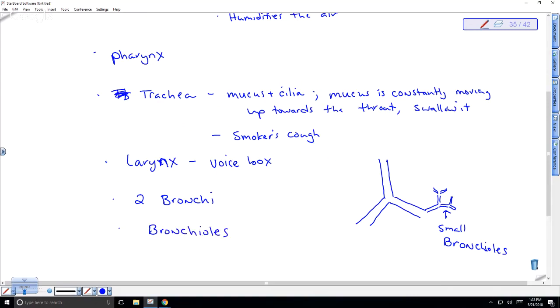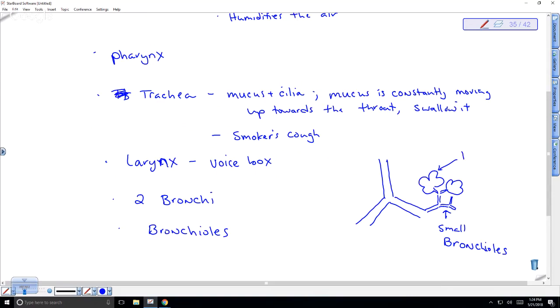Okay. And then finally, we get to this structure, which is the blinded pouch, where the exchange of gases actually occurs. And what is this called? We looked at it when we were looking at tissues. We saw the smoker's lung, the pig lung in lab.